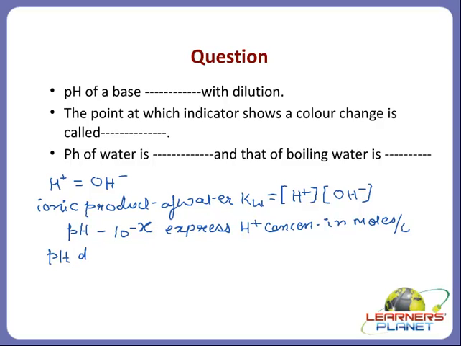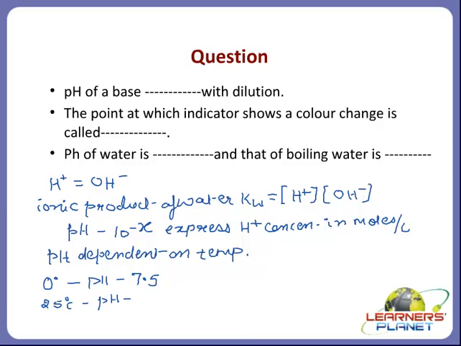Now in this case, pH of water is dependent on temperature. At 0 degrees centigrade, the pH of water is 7.5. At 25 degrees centigrade, the pH of water is 7.